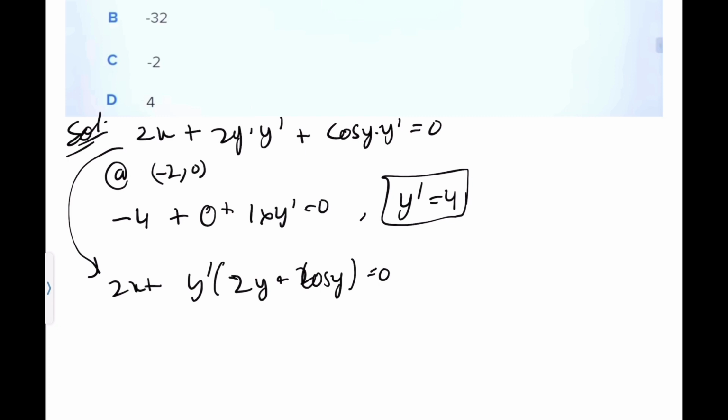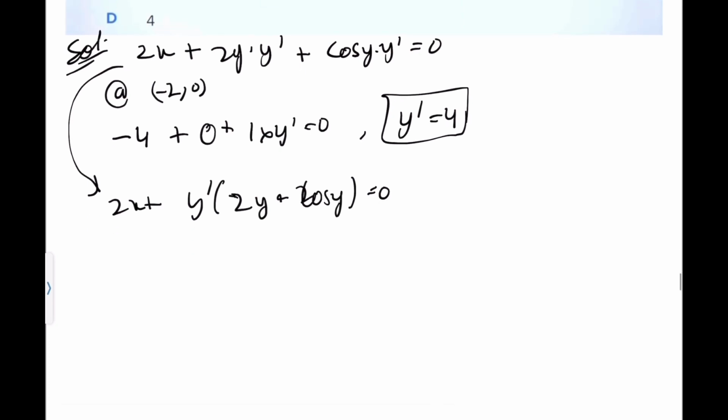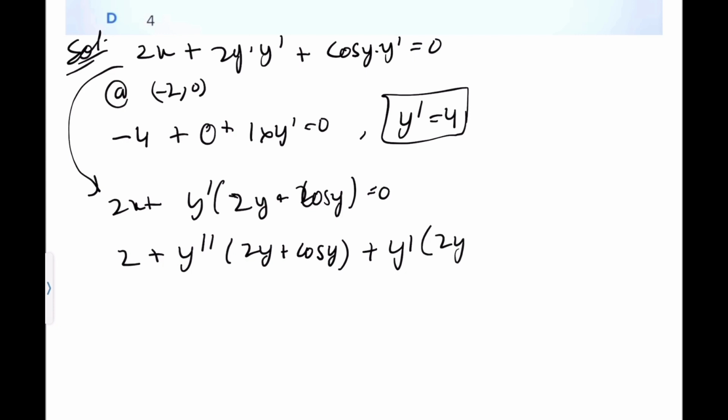Okay, and now we are going to again differentiate this equation. So it will be 2 plus y double dash plus 2y plus cos y plus y dash of 2y dash minus sin y times y dash equals 0.